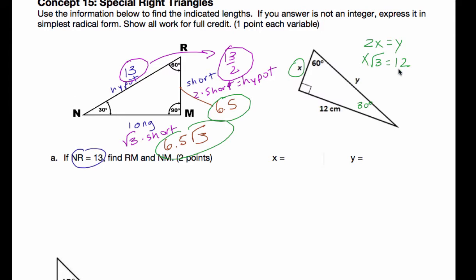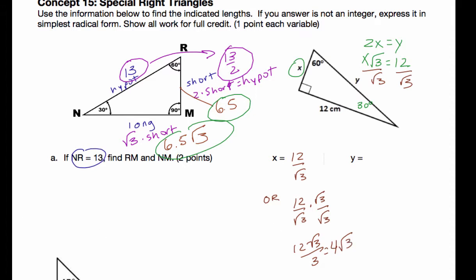Well, when I solve this equation, I know that x is going to be 12 over root 3, or if I simplify that, reduce radical form, okay, that's going to be 12 root 3 over 3, which is 4 square root 3. So it's either this or this.